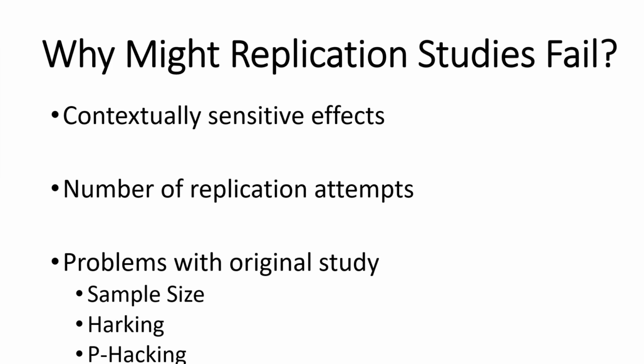We can talk about those effects that are or are not happening as being contextually sensitive effects. So some of our measures and some of our manipulations might not have the same meanings in a replication population as they did in the original sample.